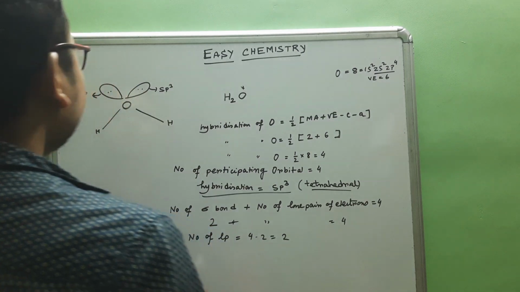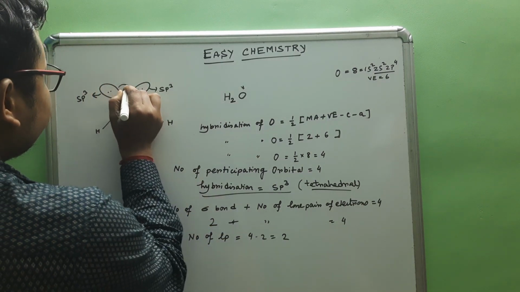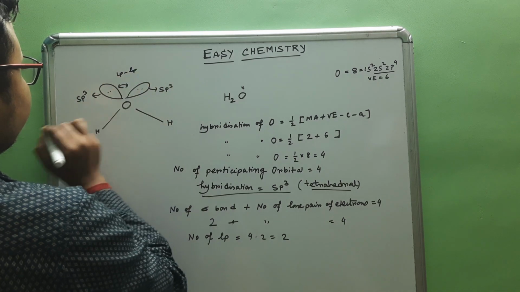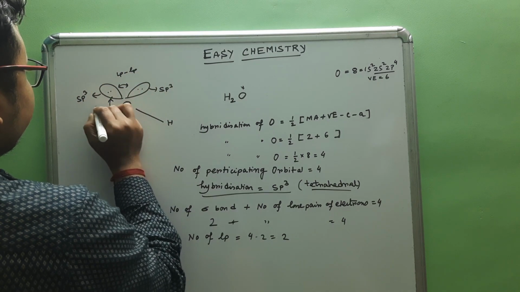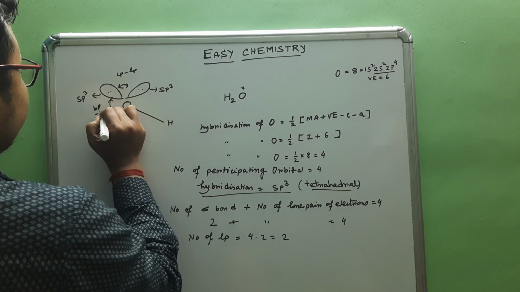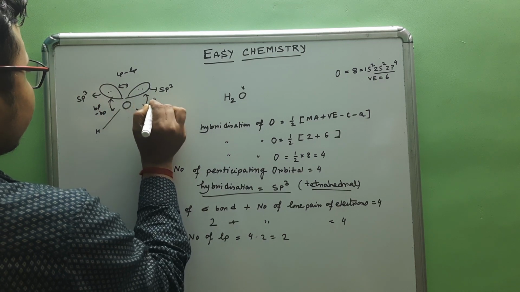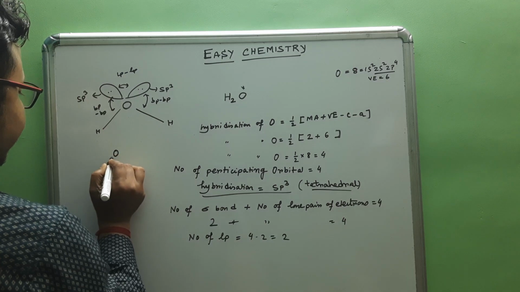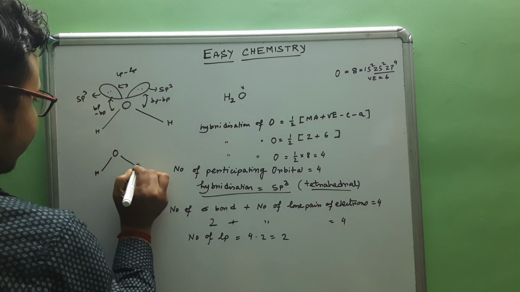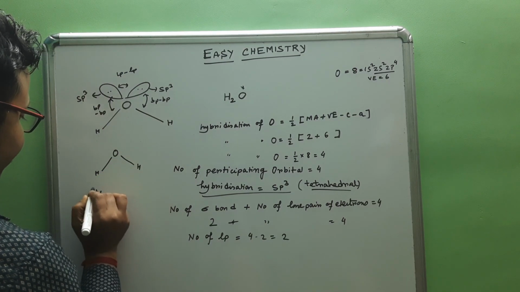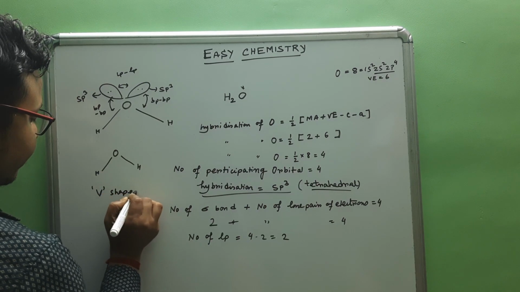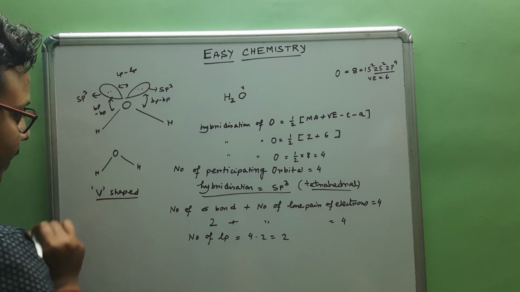Okay. So therefore, there is lone pair repulsion and bond pair repulsion, and due to this repulsion the shape of water is V shape. Final shape of water is V shape. Okay.